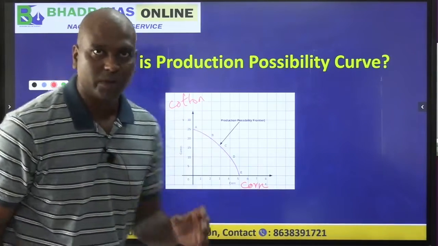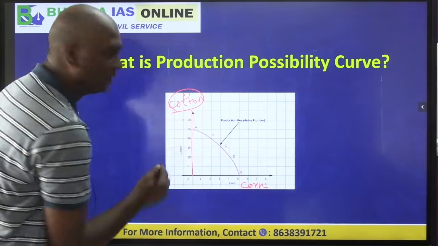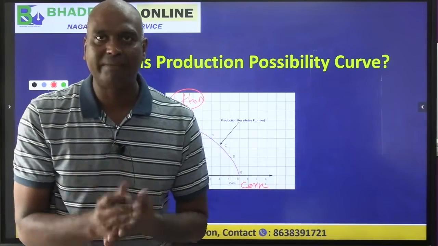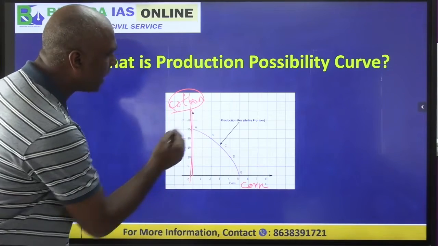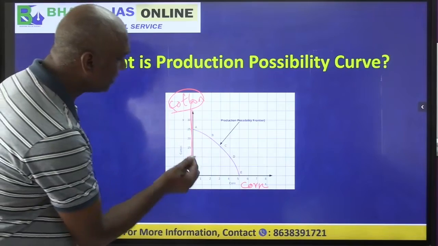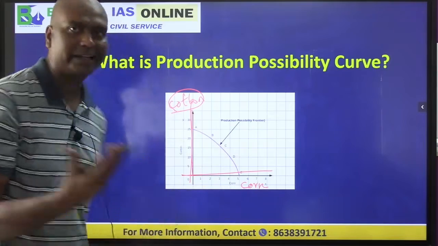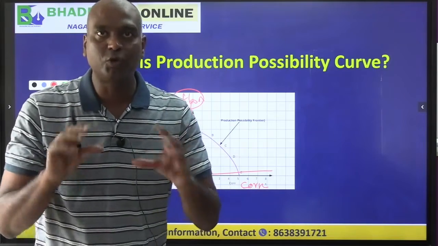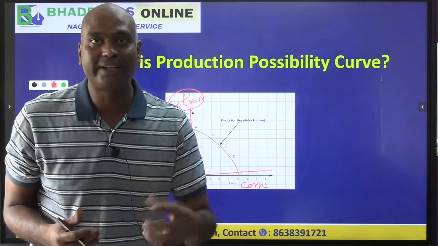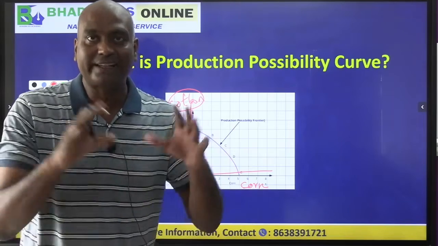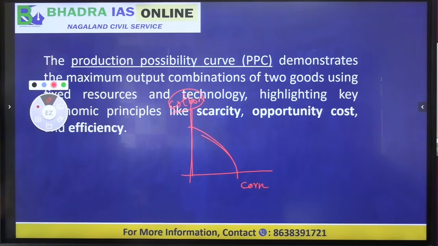If we use all the resources, land, labor, capital, technology, only for production of cotton this side, how much can we produce? Similarly, if you produce only corn and don't produce cotton, then how much corn can we produce? So the combination of two products, if you produce in an economy using all the resources, what is our capacity to produce these two products? That capacity is shown by this line, what we call the production possibility curve.